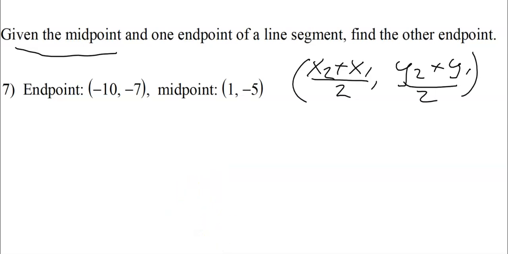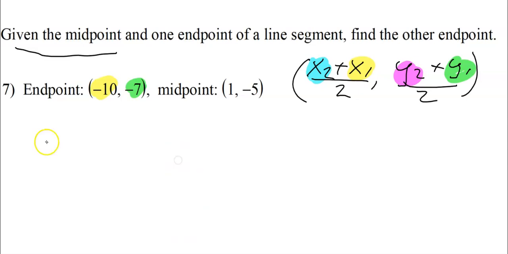So let's say here's my first x, first x, first y. What we don't know is x2 and y2. But what I do know is that to find x2 and y2, that's how I'm going to get the x and y value of my midpoint.